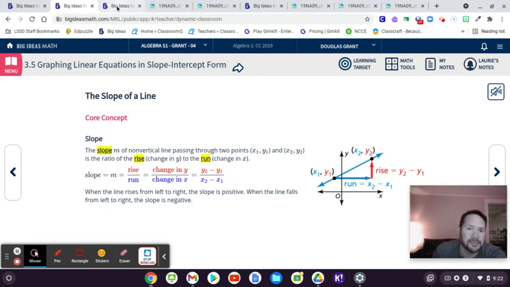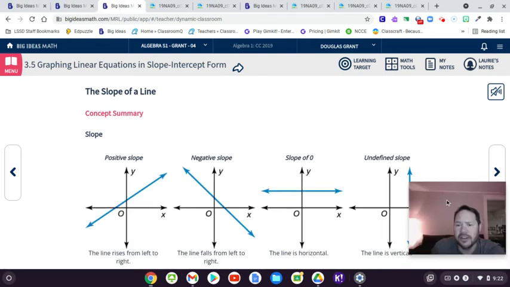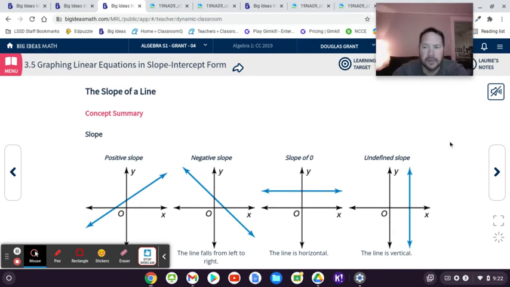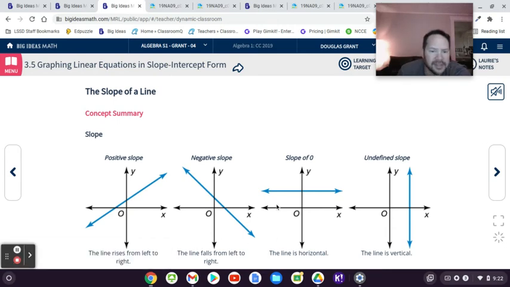Okay, now that you've taken great notes, you're going to add some more to that. So there's different types of slopes. You have positive slopes, which look like that. Any line that goes up from left to right is a positive slope. And then a negative slope goes down from left to right, a decreasing slope.